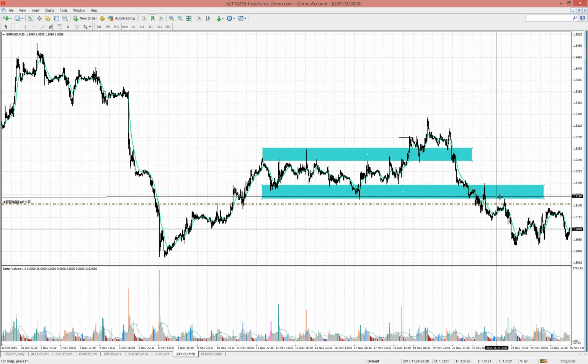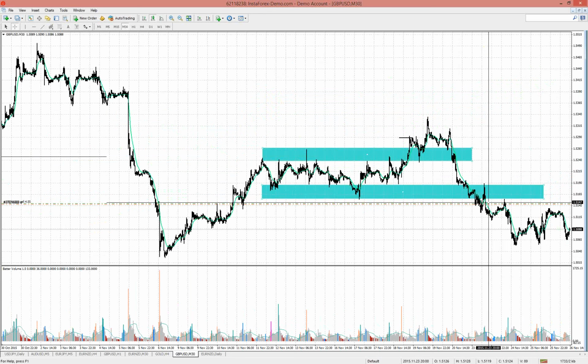Basically, I sold after the breakout, after a lot of cleanups, after the head and shoulders formation on the top. Aggressive sellers started to sell back in here into the trading range.